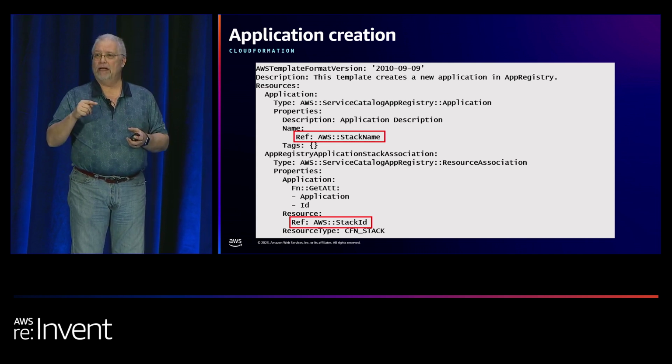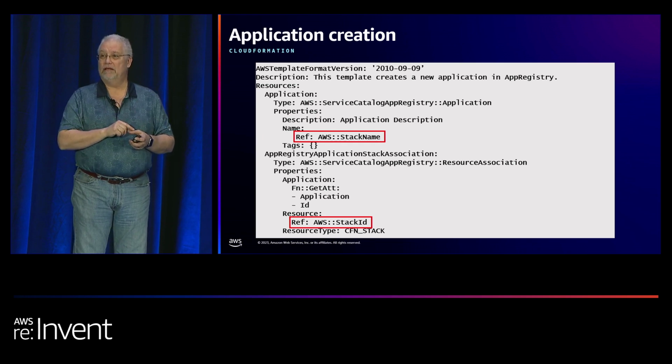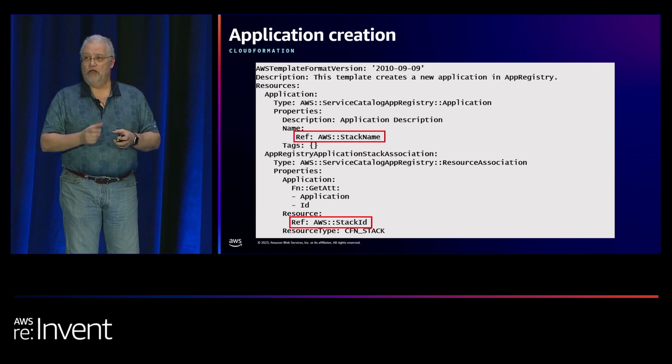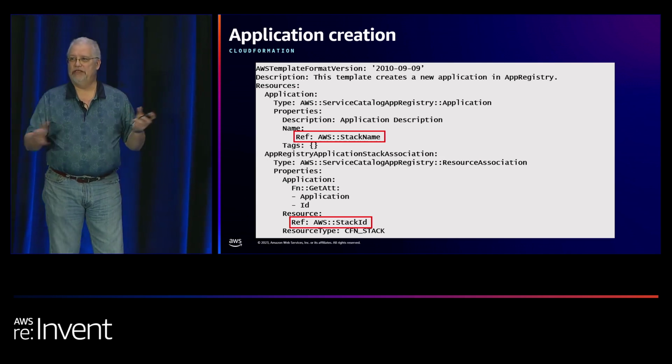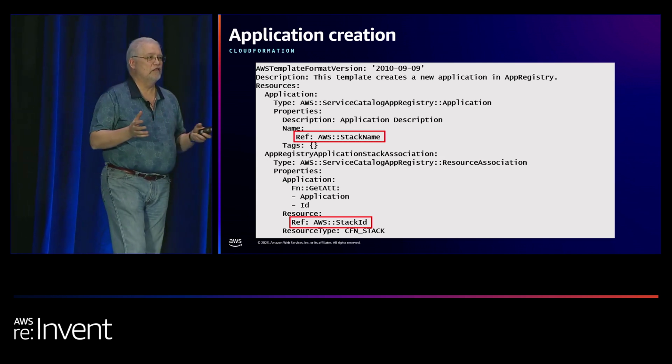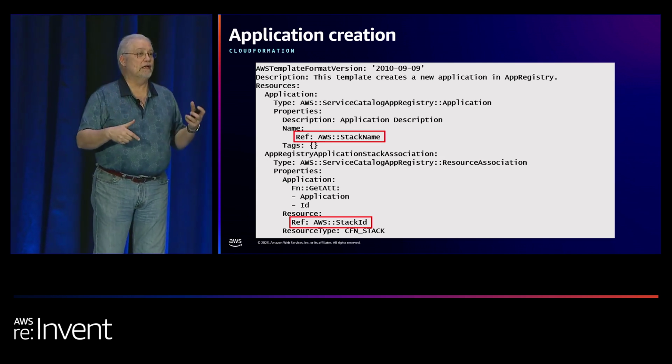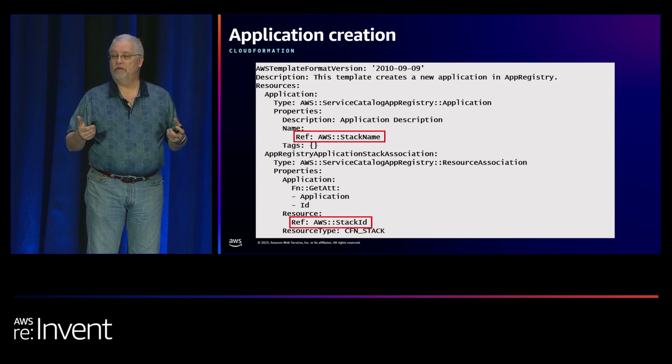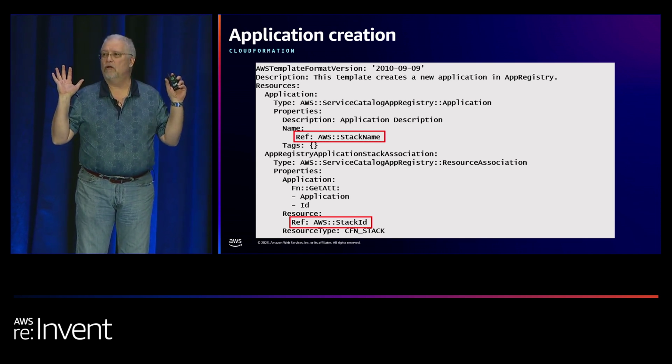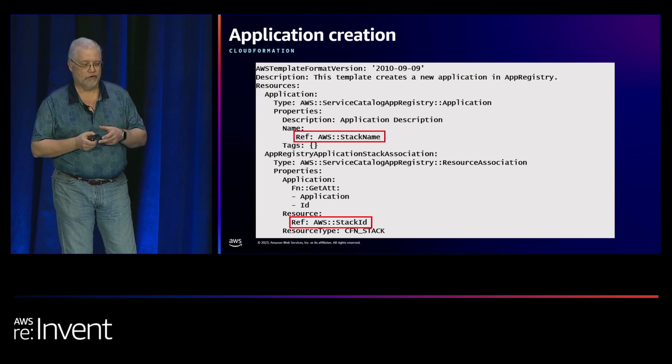And it will automatically associate the stack and its resources with the application that the stack is creating. You put this in, and you can now go and create whatever EC2 instances and S3 buckets, whatever else you want to create. This automatically just sets it up for you and does the automation for you. You don't have to touch App Registry later on. It's all done for you automatically, right? So it's very neat.